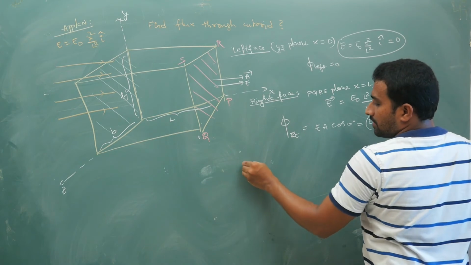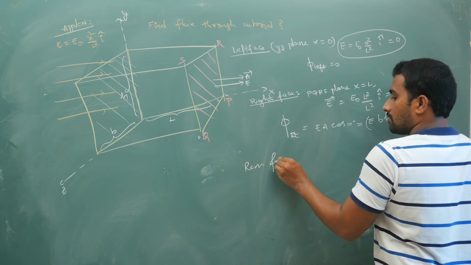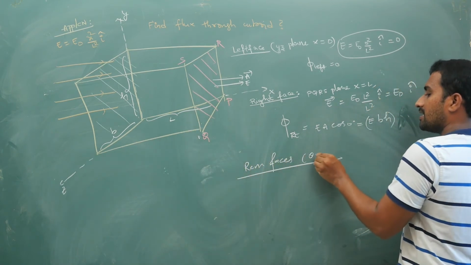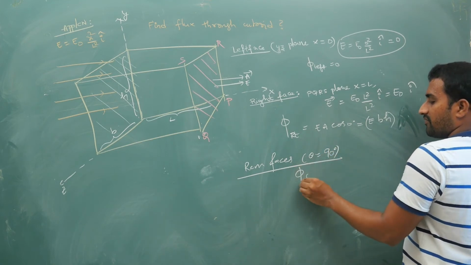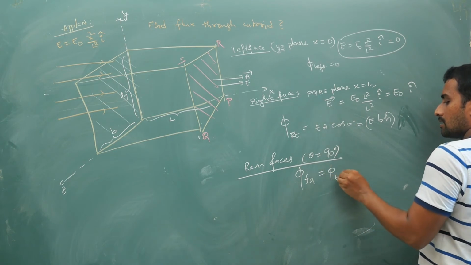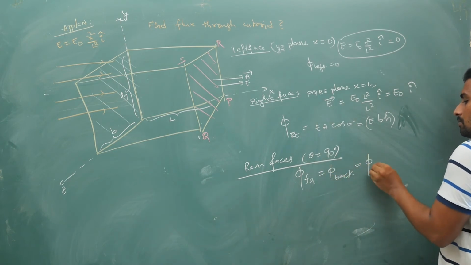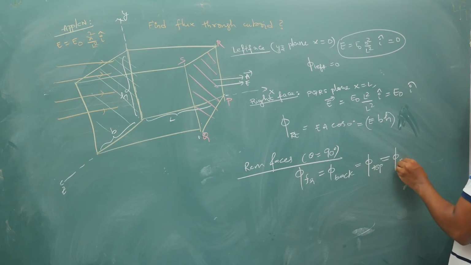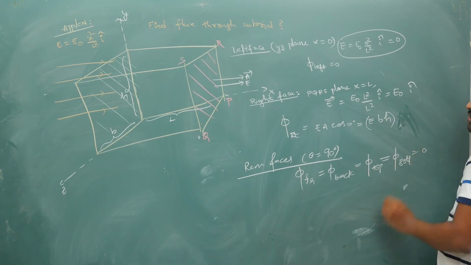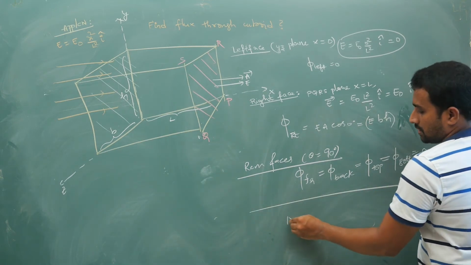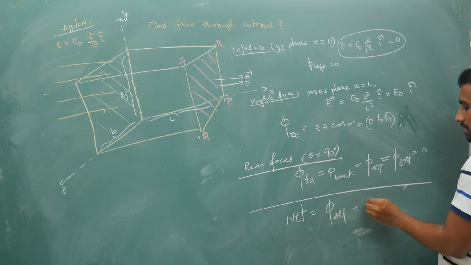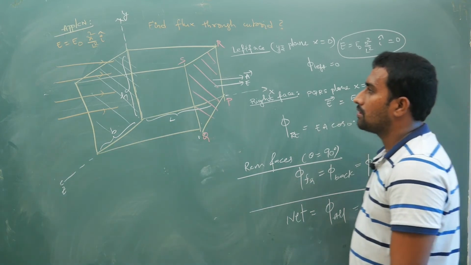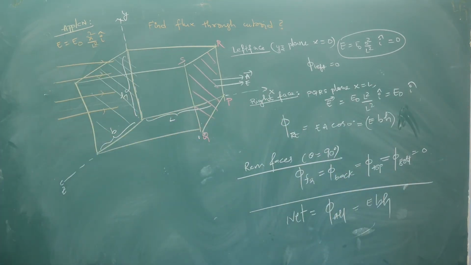Now for the remaining faces, angle theta is equal to 90 degrees. So flux through front, back, top, bottom, all are zeros. So your net flux is equal to the sum of all the surfaces, that is equal to EBH. So like this you are supposed to calculate the flux.